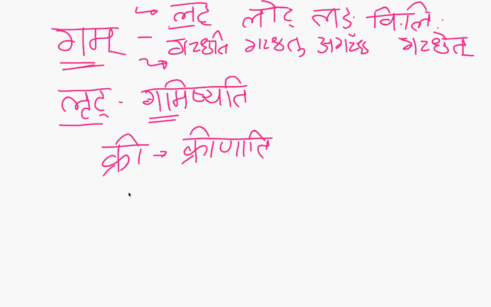What is the form? Is it kreshyate, Mahodaya? No, you have to tell me. Don't test my knowledge. I'm asking for your help here. If you have a reference, please refer.